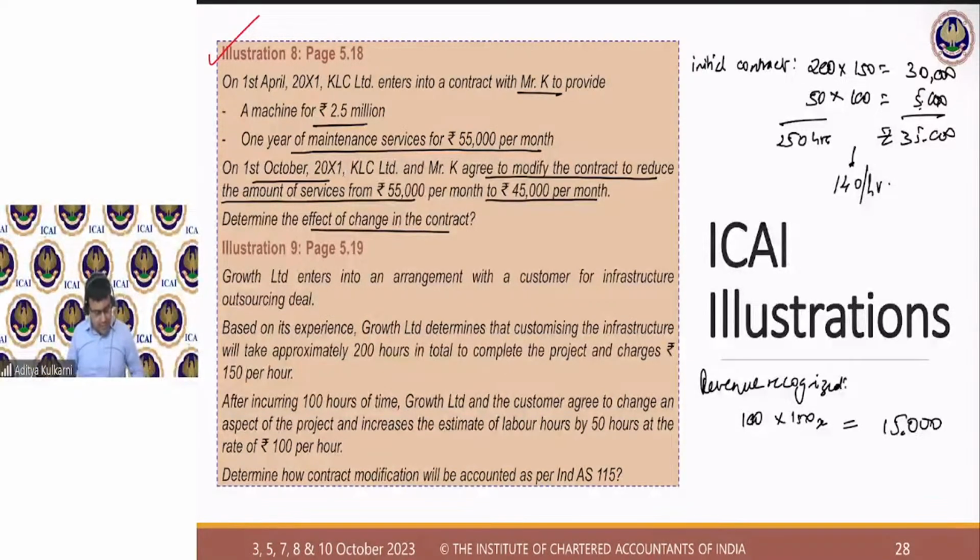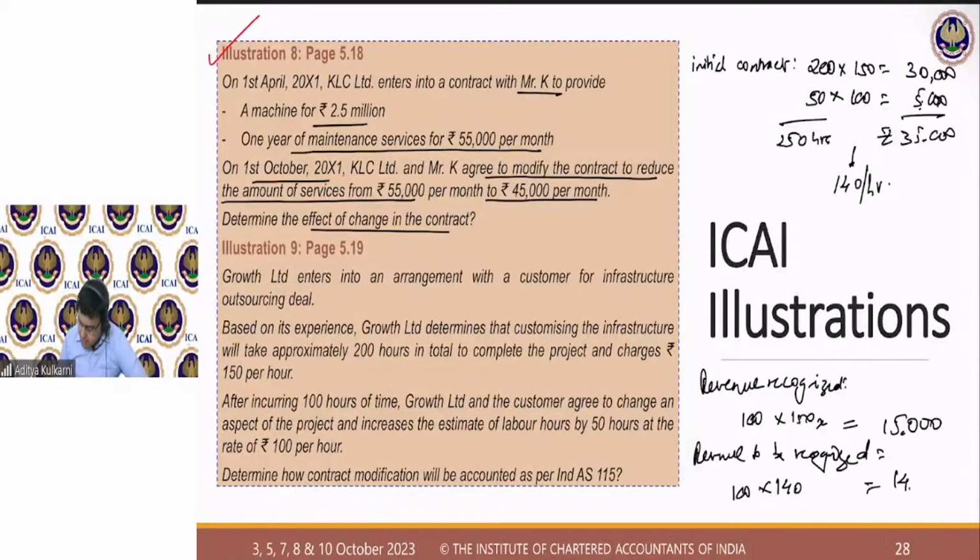So what does cumulative catch-up adjustment mean? Cumulative catch-up adjustment means revenue to be recognized is equal to: sir, I have done work for 100 hours, but the hourly rate is 140.